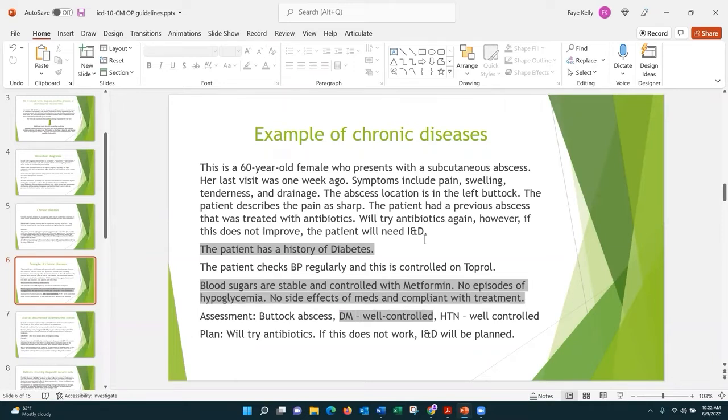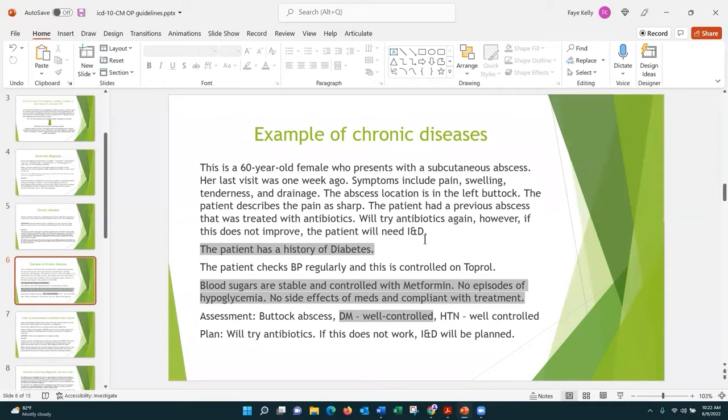Patient has history of diabetes. And the physicians document just this way. This is taken from exactly what you're going to see from a physician. He says history of diabetes. The patient checks his blood pressure regularly. He's on Toprol for his blood pressure. Additional documentation says blood sugars are stable and controlled with metformin.